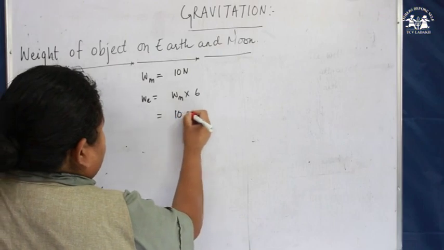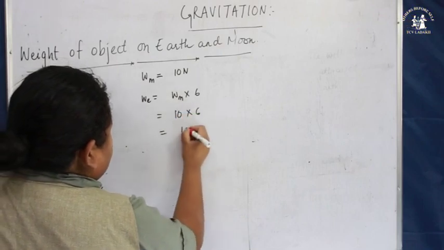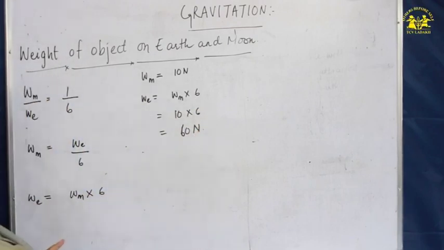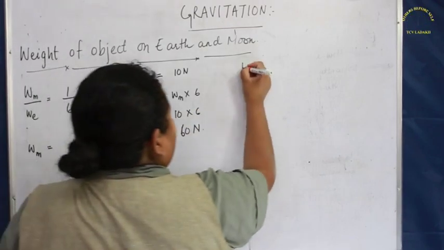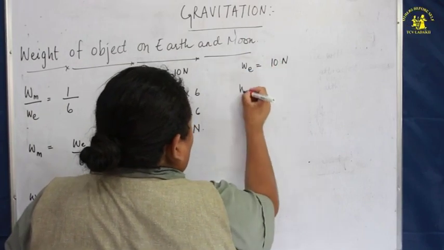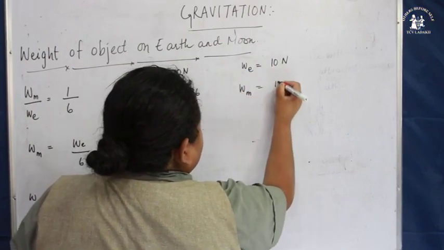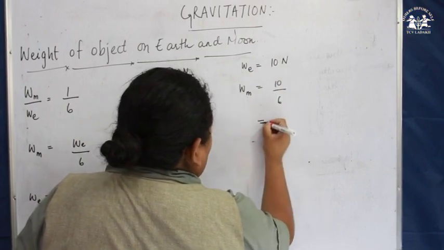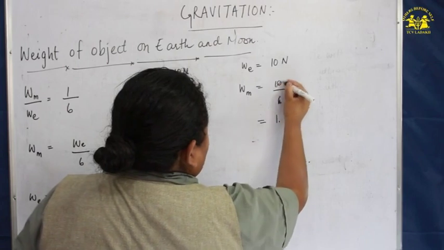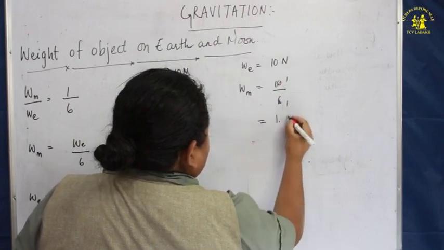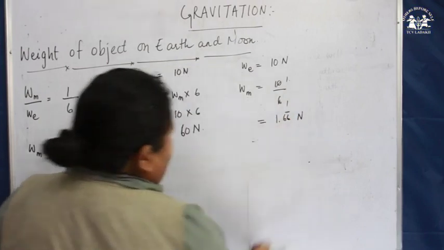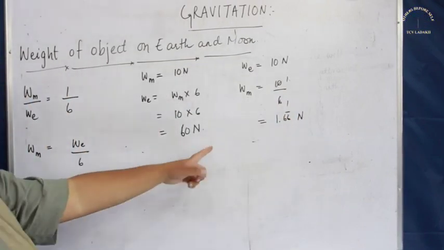So 10 into 6 will be 60 newtons, right? Okay, let's suppose weight of an object on earth is 10 newtons. Then weight of object on moon will be 10 divided by 6, which is equal to 1.6 newtons. 6 ones are 6, 6 fours are 24, and so on.